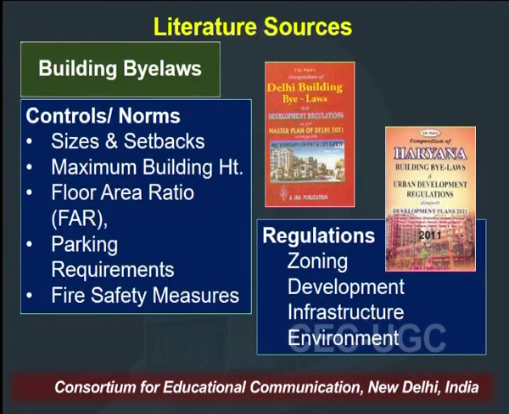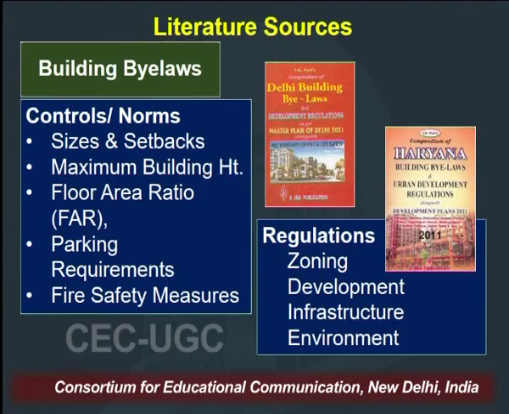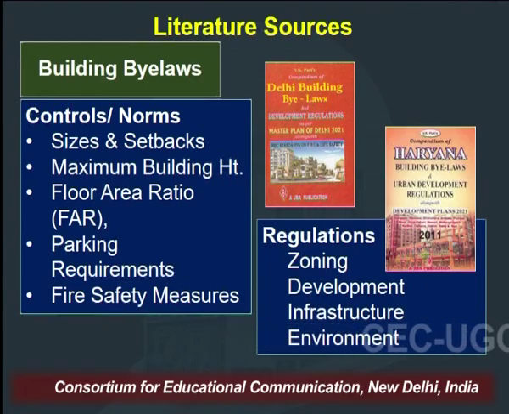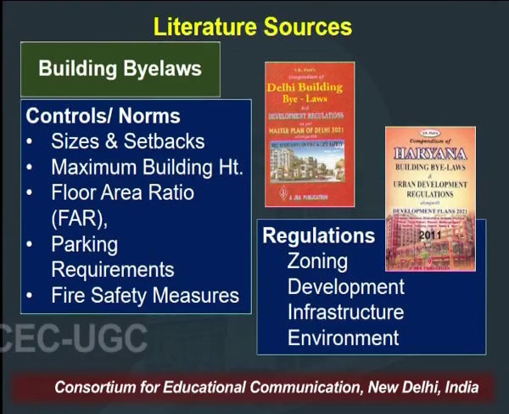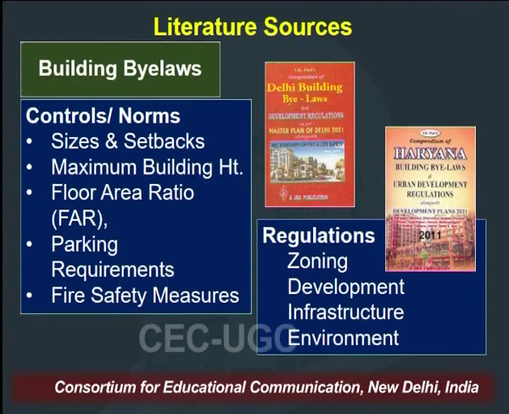However, these norms and practices are given by the local building bylaws. Building bylaws are the factors which the architects and designers have to keep in mind while working on the designs, because these sources give us the bylaws, norms and standards.